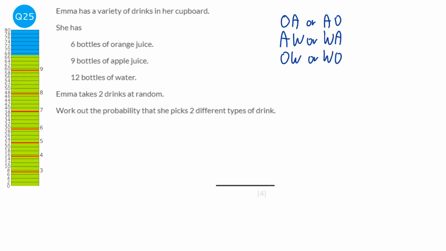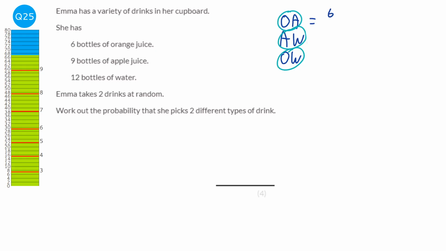Now what we notice really when we do this is that OA gives us the same probability as AO. Same with AW and WA, same with OW and WO. So we're going to just ignore the right hand side ones and we're just going to focus on the left hand side ones.